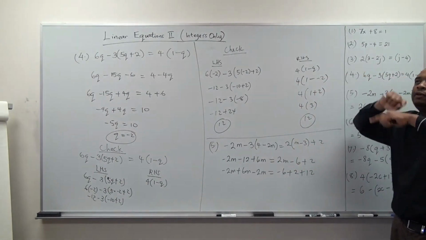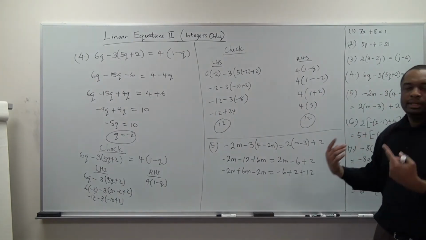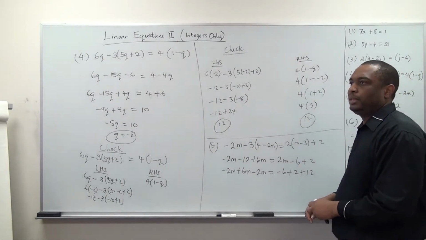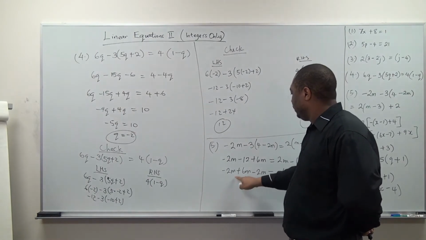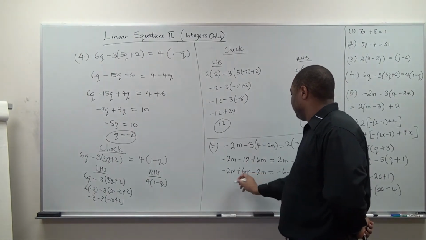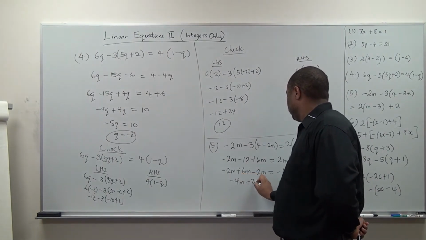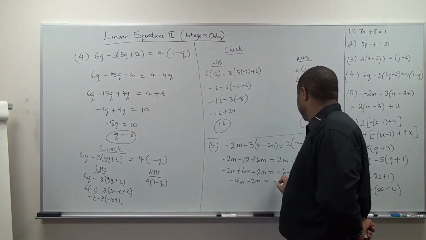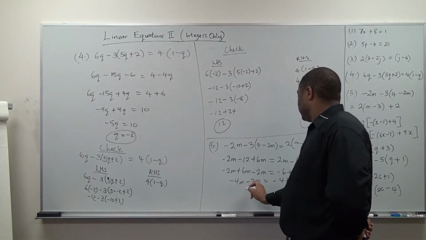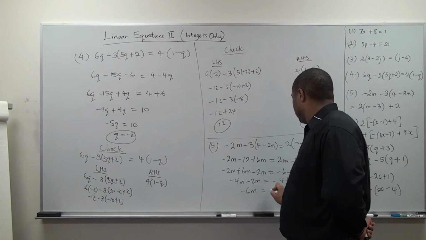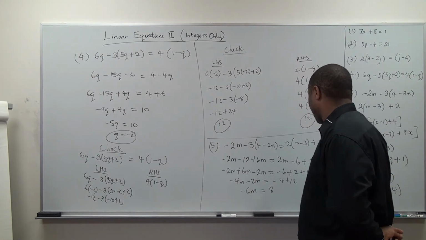Like I said, if it moves from left to right or right to left, it will change sign. So negative 2m plus 6m is negative 4m. Negative 2m equal to negative 6 plus 2 is negative 4 plus 12. So this is negative 6m equal to 8.